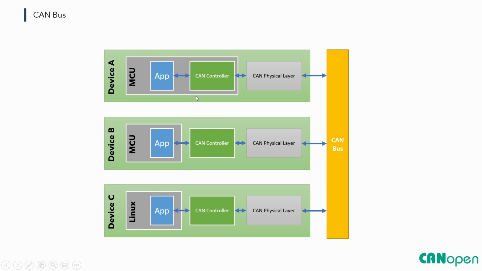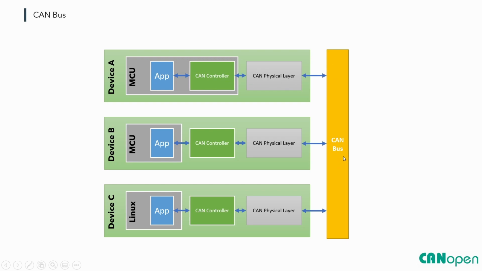For example, in many MCUs, we have the CAN controller inside the MCU itself. For example, in the STM32 case, we have many STM32 family microcontrollers which include the CAN controller on the chip itself. And then for these cases, you just need the CAN physical layer to be able to communicate over the CAN bus.